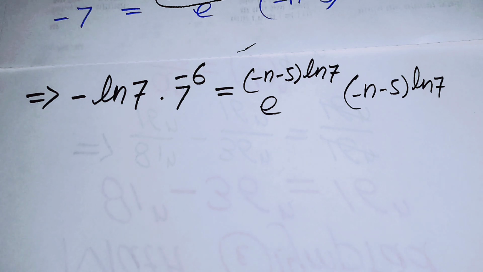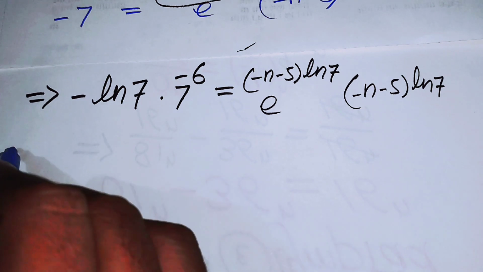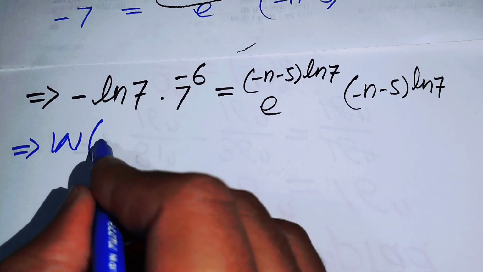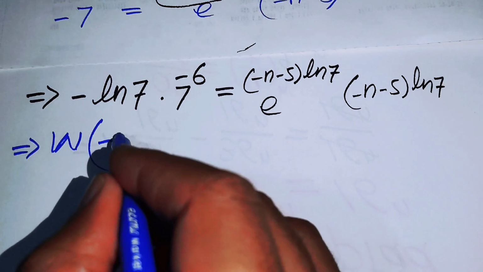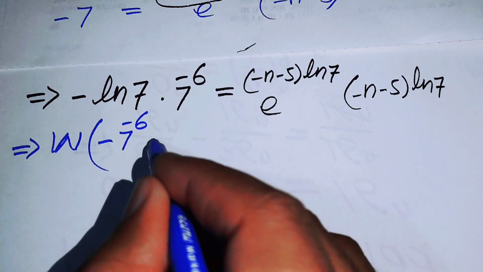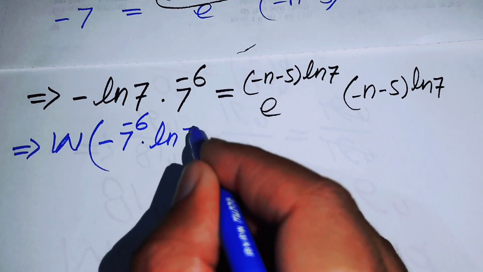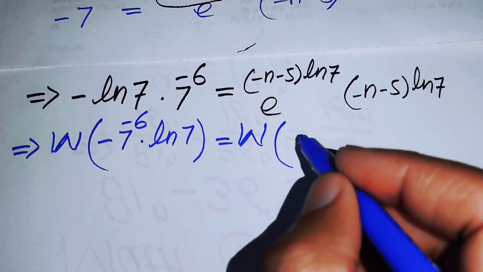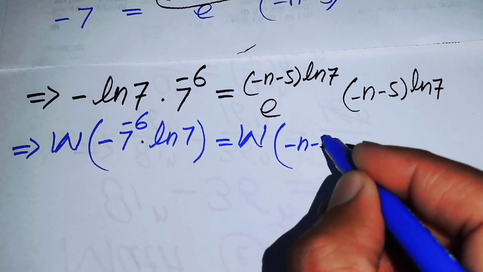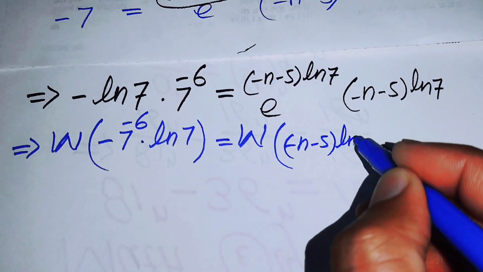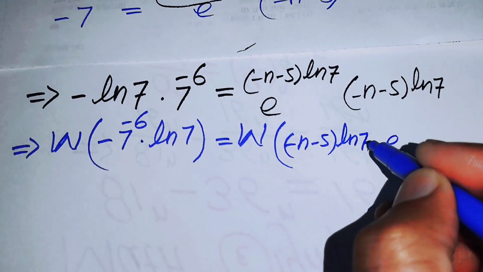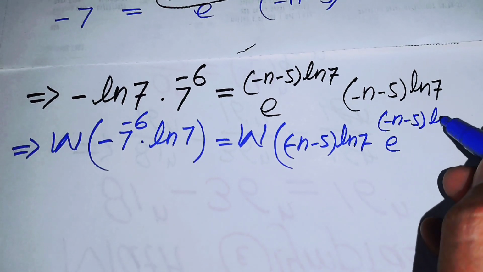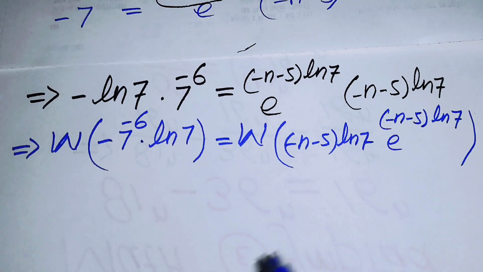Lambert W function on both of the sides, so that we will get the output in this form: W of minus 7 to the power of minus 6 into log 7 equals W of minus n minus 5 times log 7 into e to the power of minus n minus 5 into log 7.